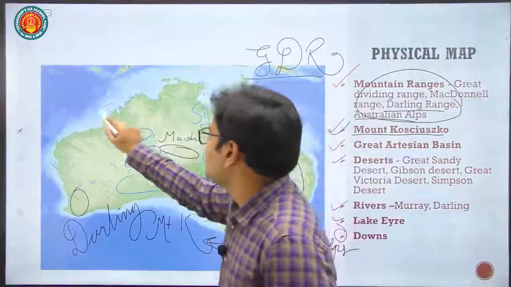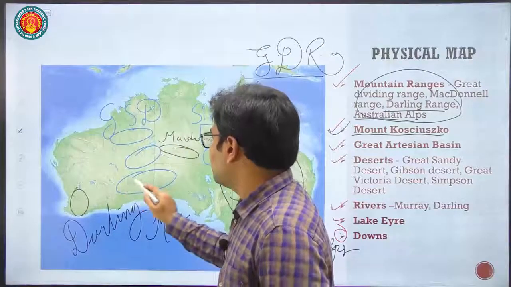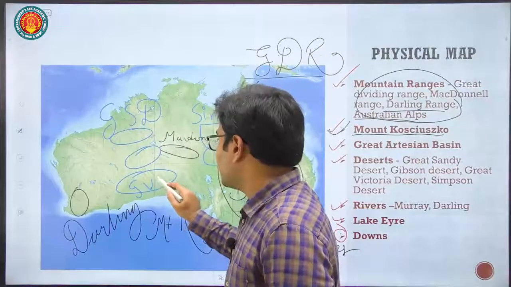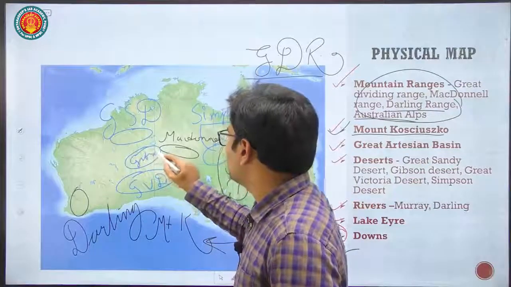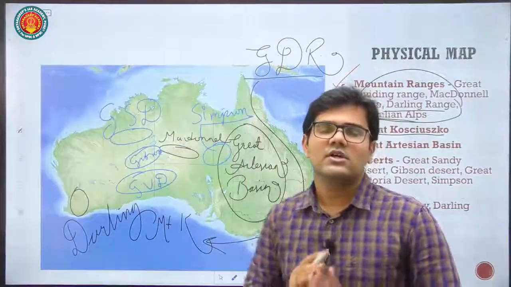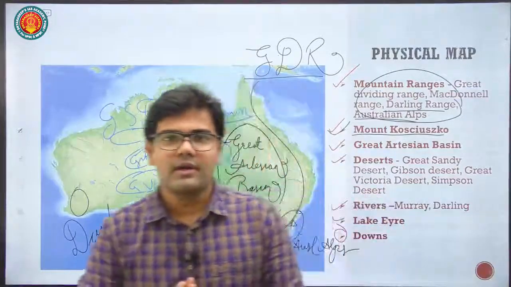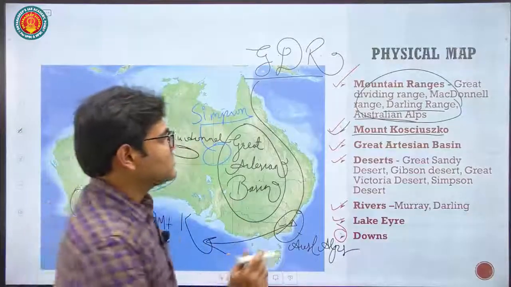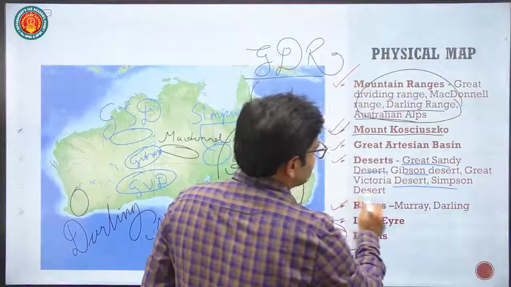Simpson Desert, Great Sandy Desert, Great Victoria Desert, and Gibson Desert. This is Gibson, this is Simpson. So you just have to remember the names and the associated continent, nothing much. So we covered all the important deserts in Australia.